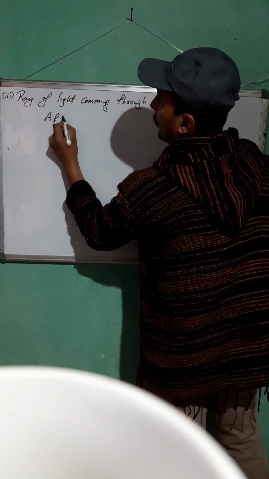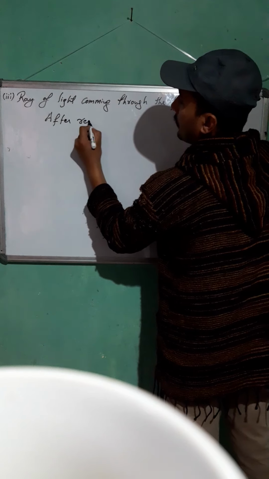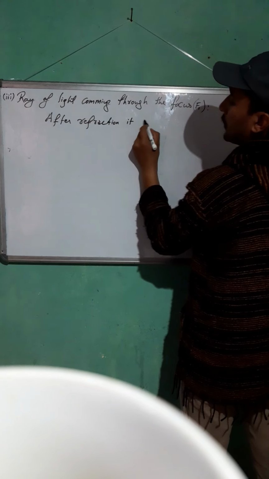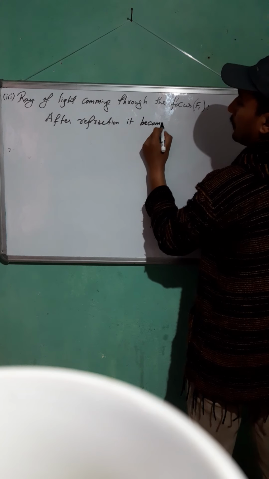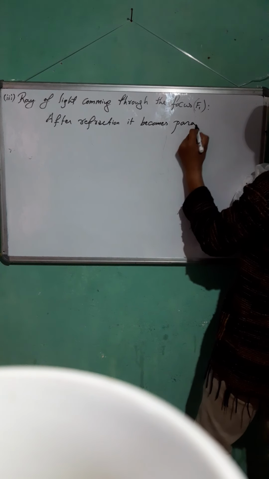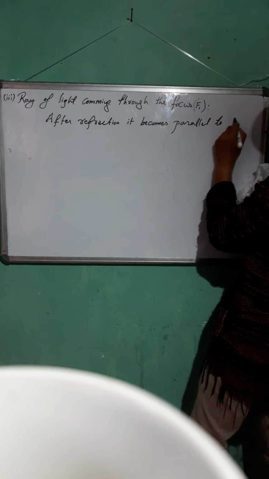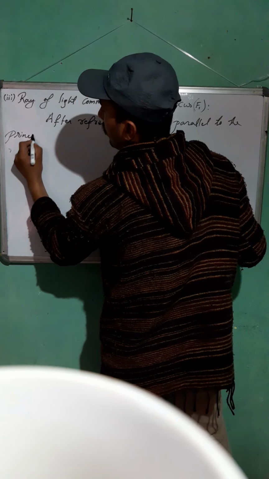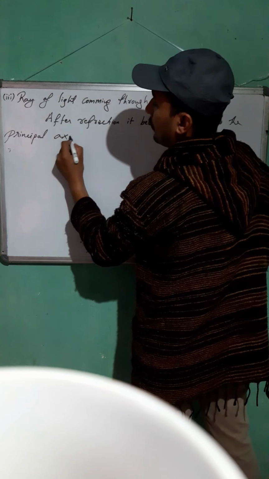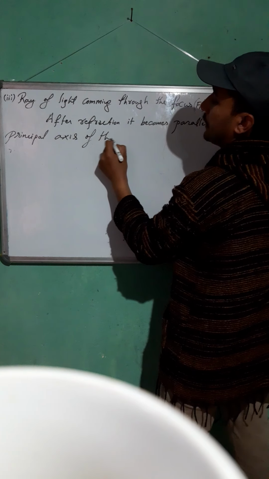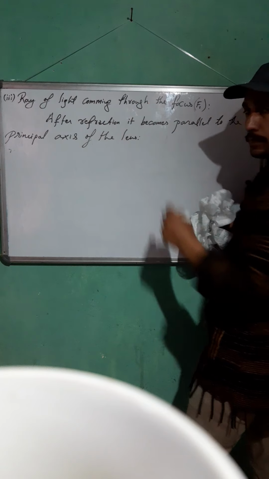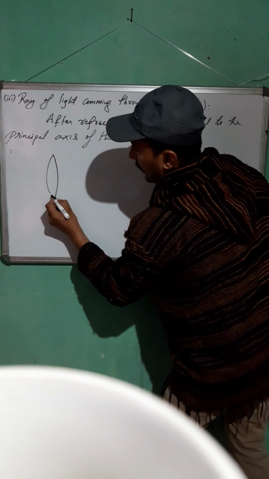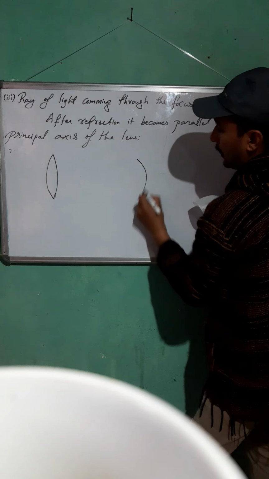After refraction, it becomes parallel to the principal axis of the lens. So in this case, this is a convex lens, this side is a concave lens.